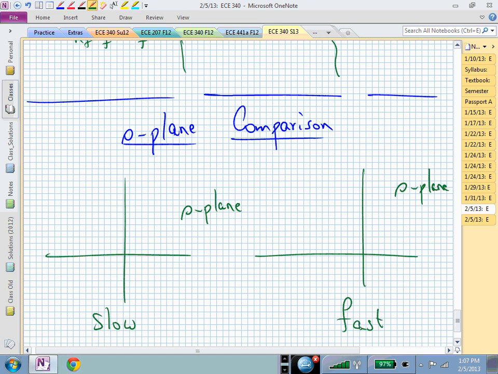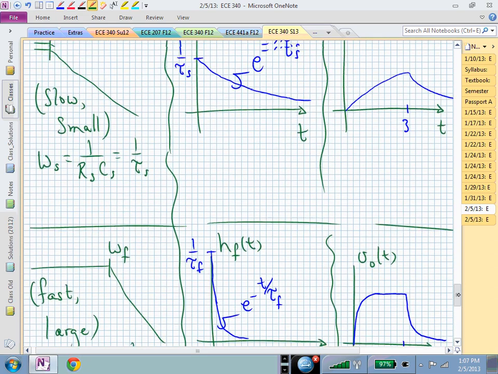And I'm now sketching X's and O's associated with that system. Did I have any zeros? I had no finite zeros in that capital H of S, but I did have one pole in each one. Where am I going to put those single X's?